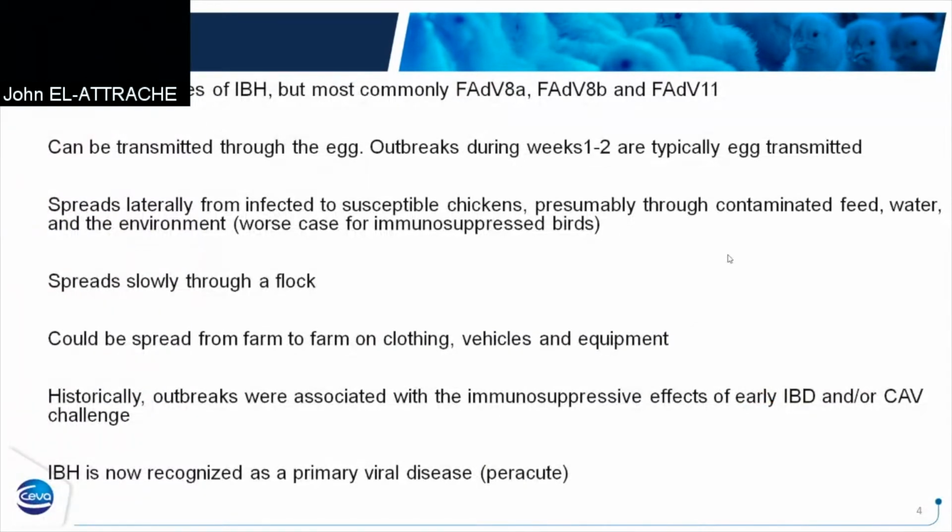There are multiple serotypes of IBH. Mostly in the U.S., what we find common nowadays are adenovirus 8A, 8B, and 11. It's not to say that serotype 2 or serotype 6 won't pop up and cause inclusion body hepatitis, but for the most part those come in and then die out really quick.